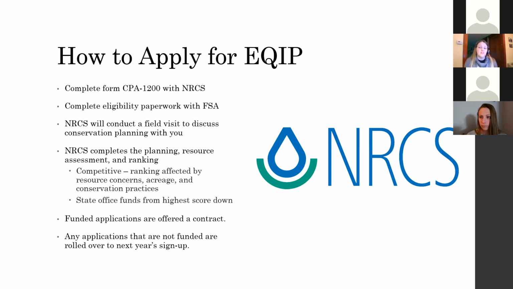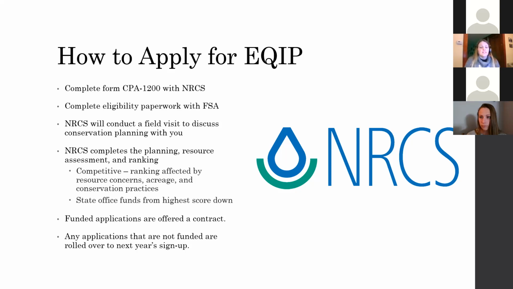If you want to think a little bit bigger, EQIP can help you assess the whole field, or we can even go bigger and assess the whole farm or the whole tract. So think of CRP as a small little Band-Aid for a small little issue, and EQIP starts to expand out and get a little bit bigger.